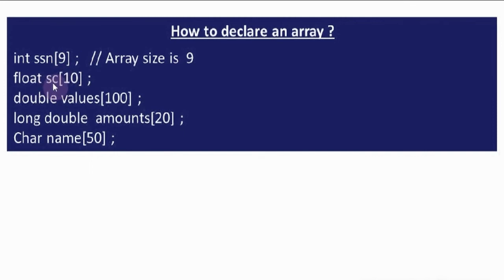The name of the array is SC, its data type is float, and 10 is its size. So whenever I store values into this array, all the values ought to belong to the float data type. In the above case, all the values should be of the int data type, because as I have told you, in an array we store homogeneous elements, which means all the elements belong to the same data type.